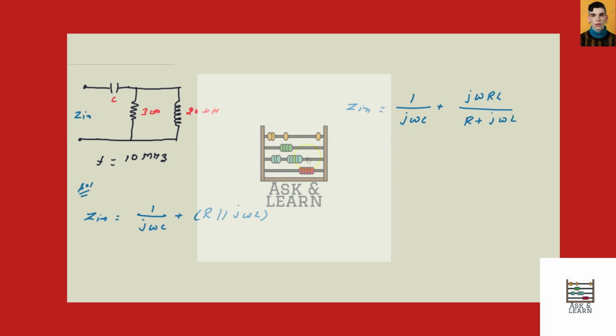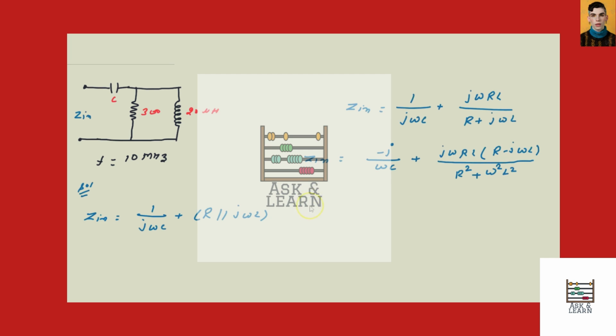Now Z input equals, by taking j in the numerator, minus j upon omega C plus, by multiplying by the complex conjugate in this term, j omega R L multiplied by R minus j omega L upon R square plus omega square L square.